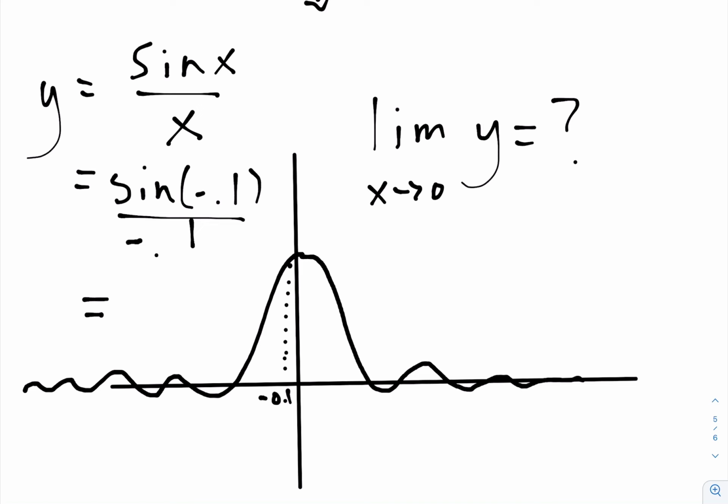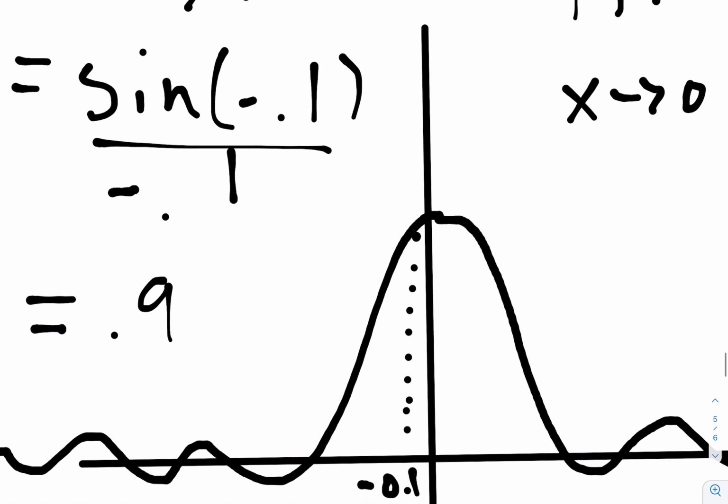If you put that in your calculator, sine of negative 0.1 is about negative 0.1, divided by negative 0.1. The answer we get is 0.9983. That is pretty darn close to 1.